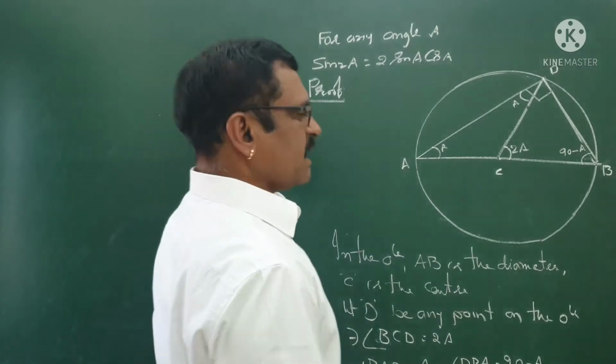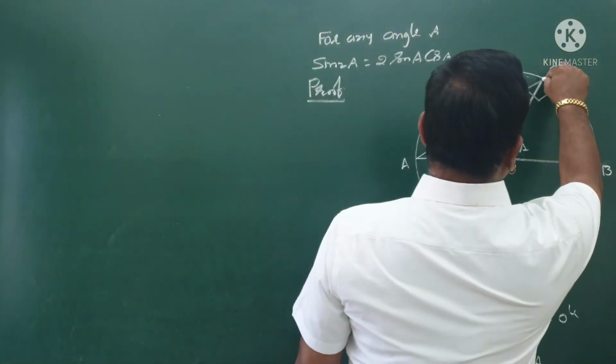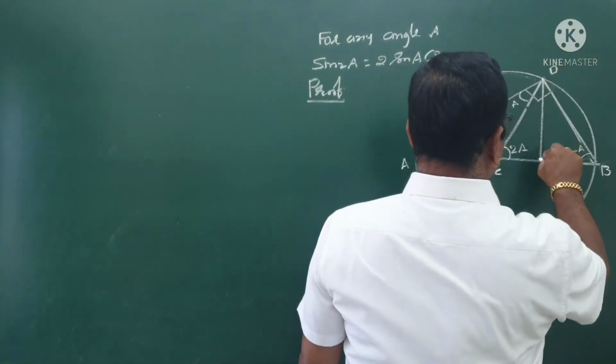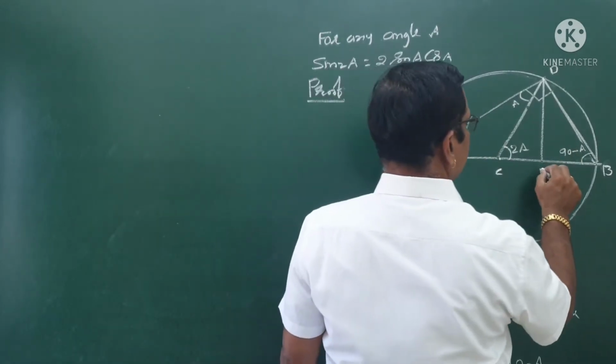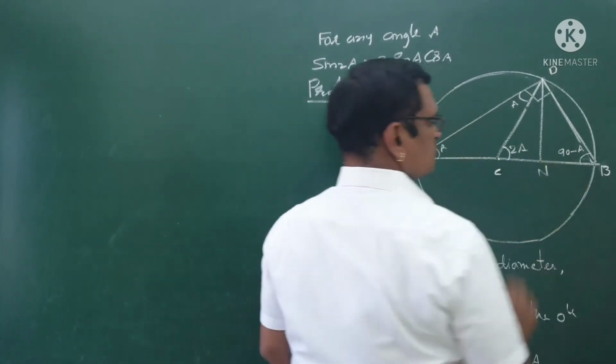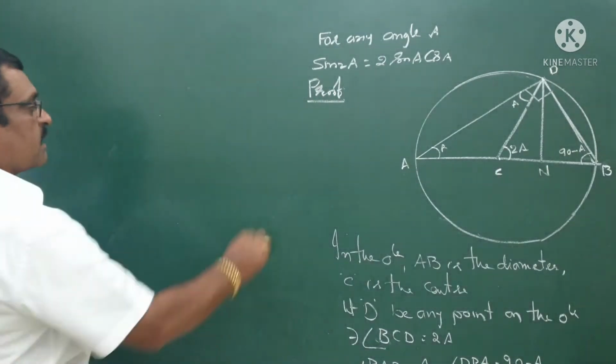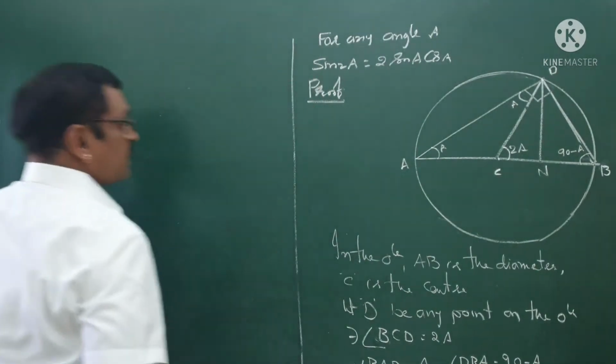Next, I do one more construction. Draw a perpendicular line from D to the diameter, say here. DN is perpendicular.